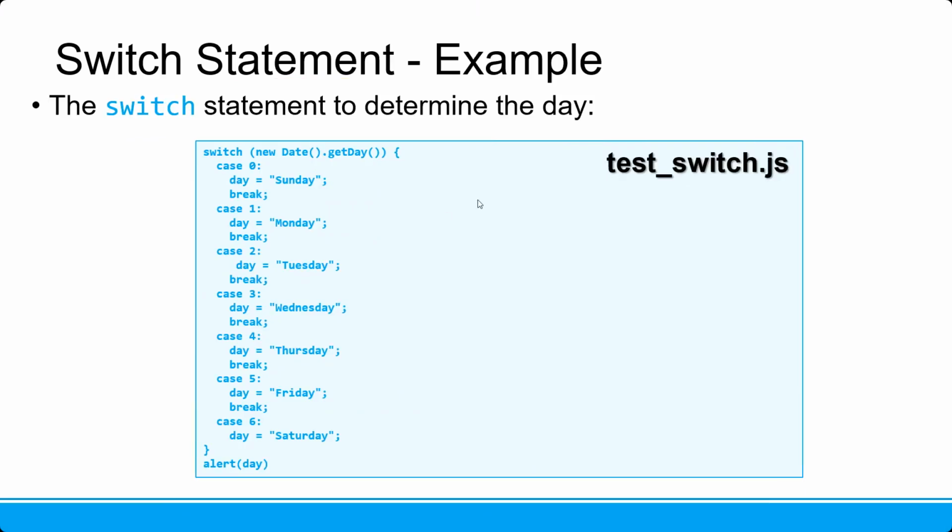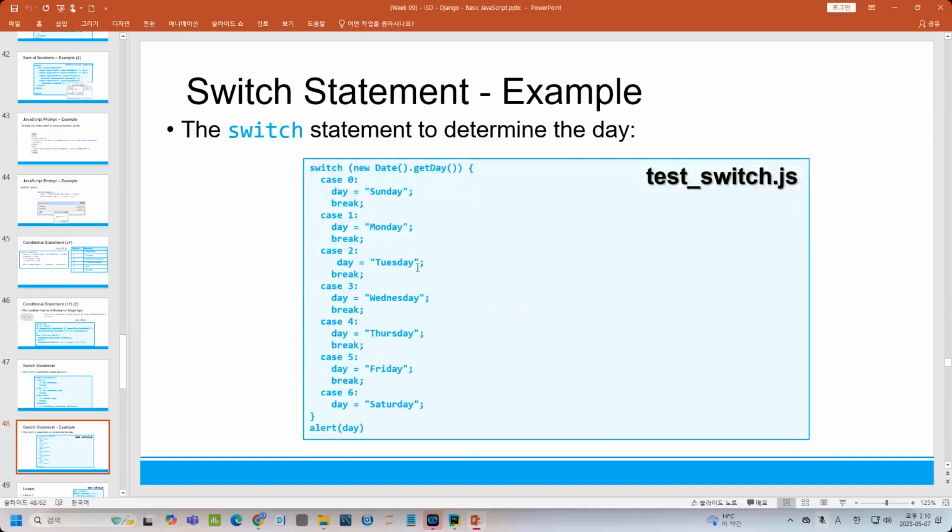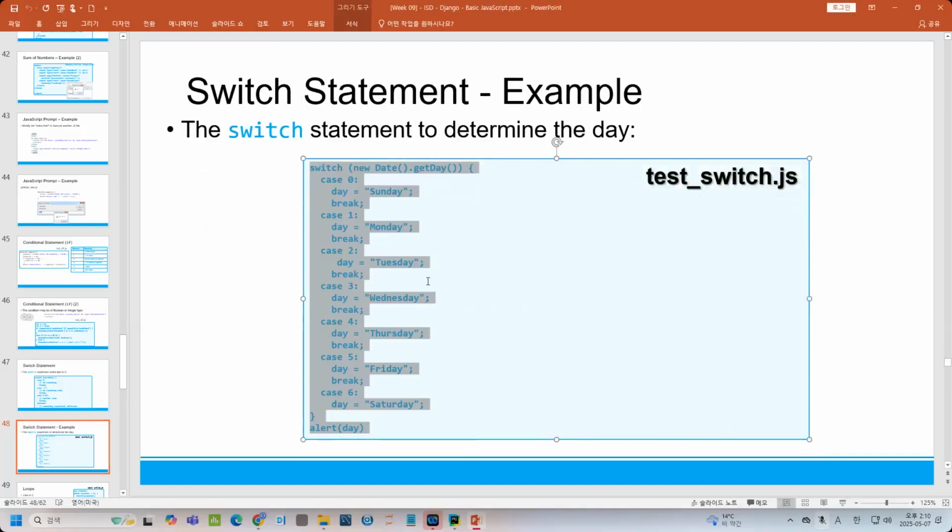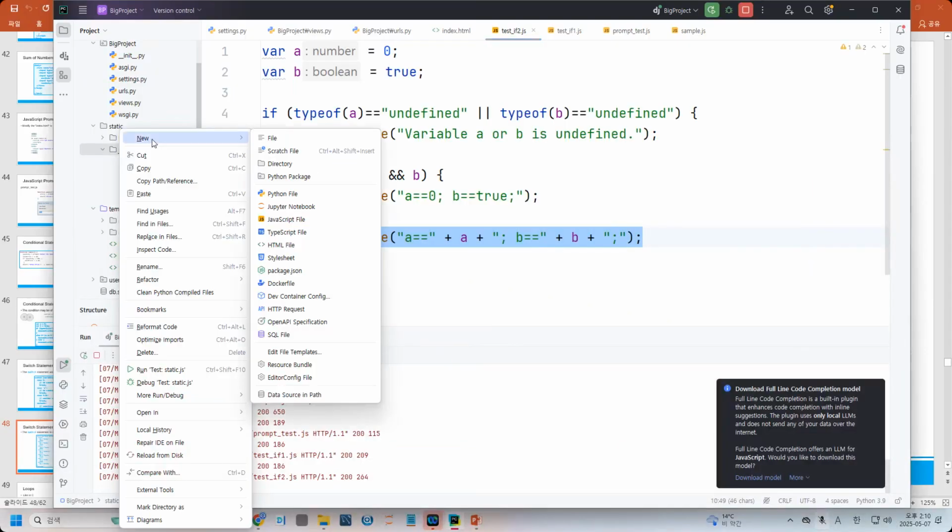Let's see. I'm using the code, this one, test 6. Let me make a new test, switch.